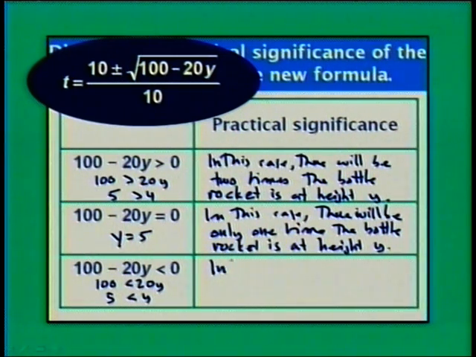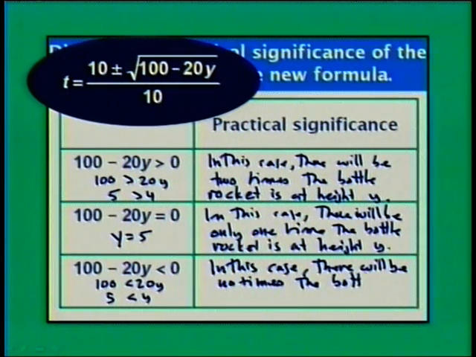So in this case, there will be no times the bottle rocket is at height y. So here's a situation where the bottle rocket is just not going to hit a height anything greater than 5 meters.